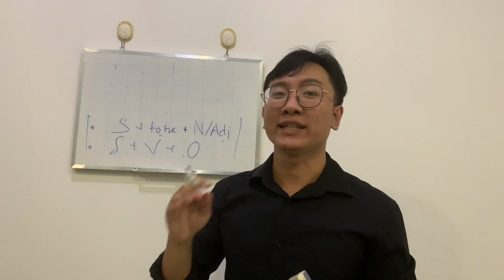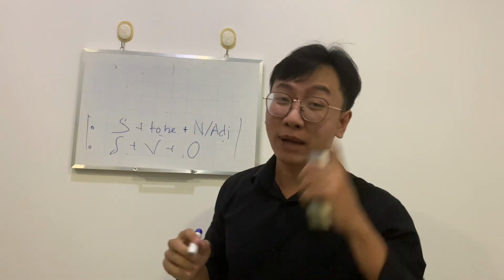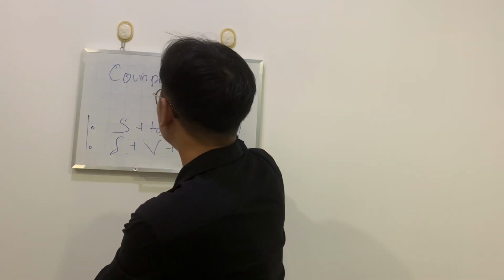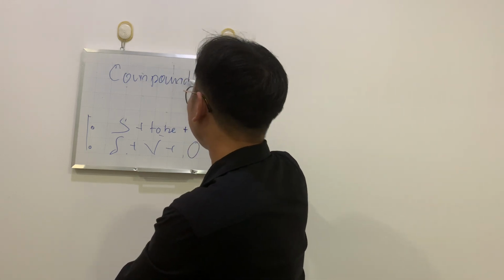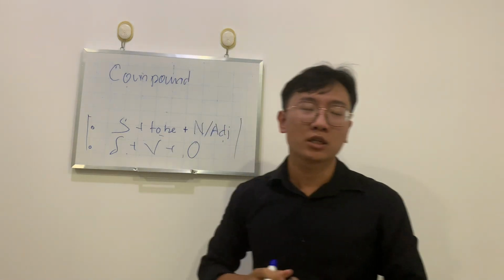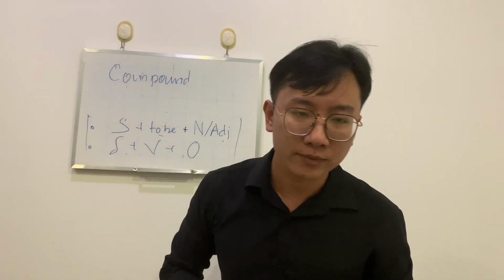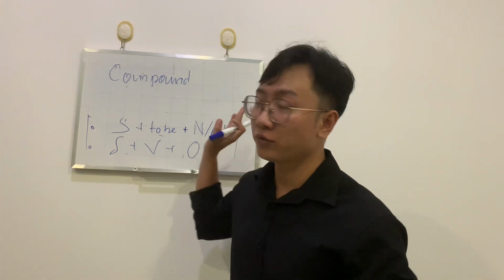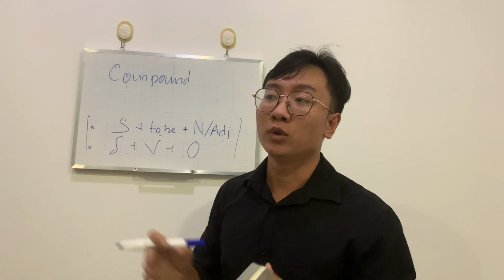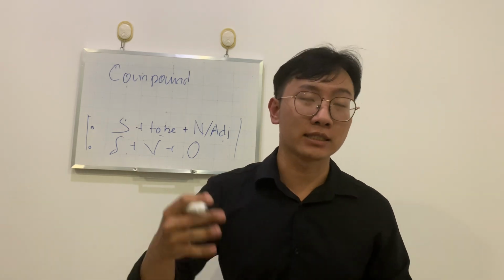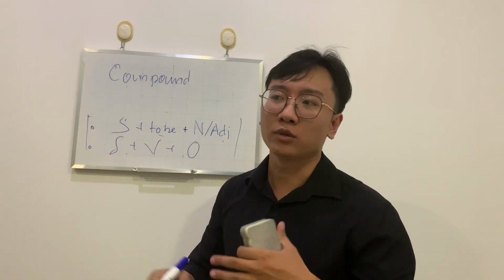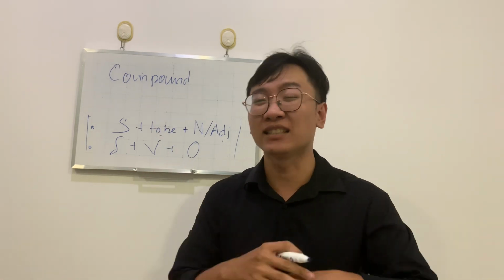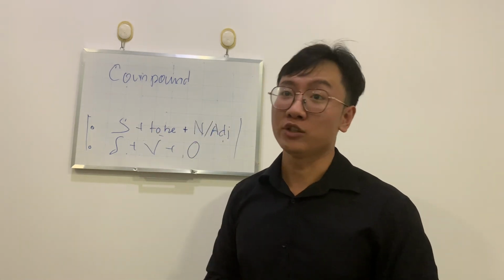Now we move on to the next type of sentence, which is the compound sentence. Don't worry, because after we go through all the formulas, we will try to make our own sentences, and then we will try to correct them, and after we make sure that we understand everything, then we'll jump into practice.